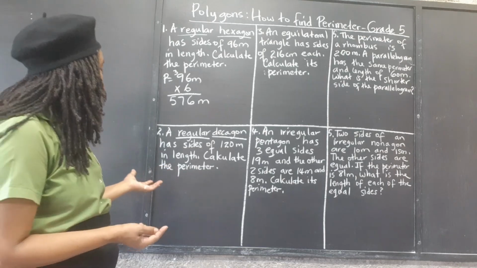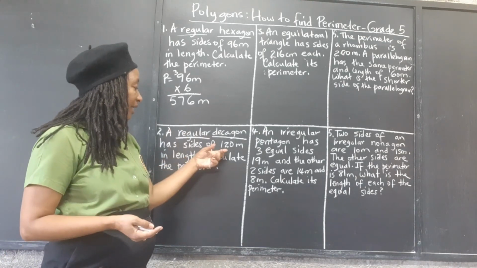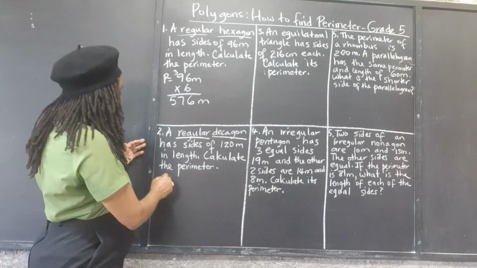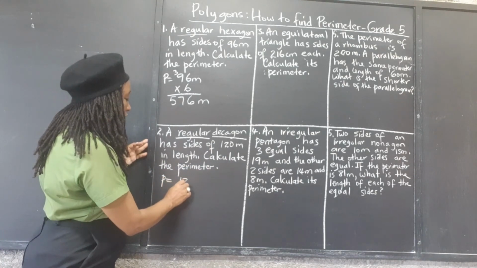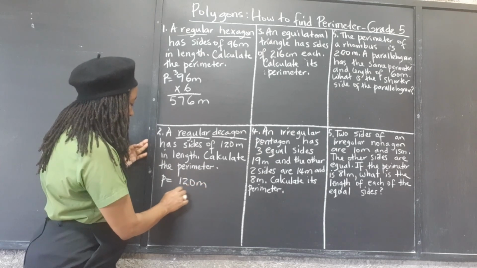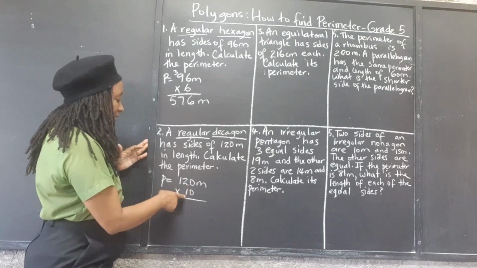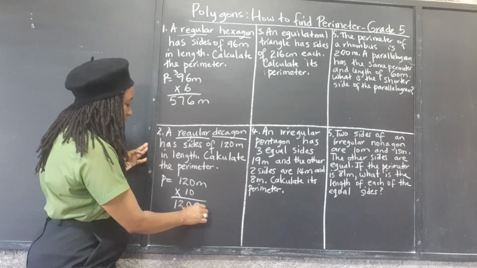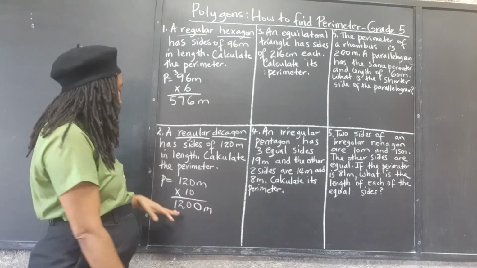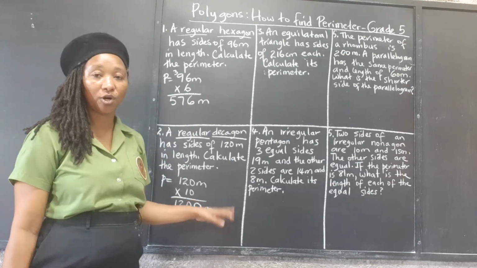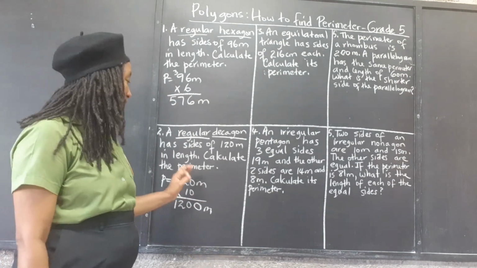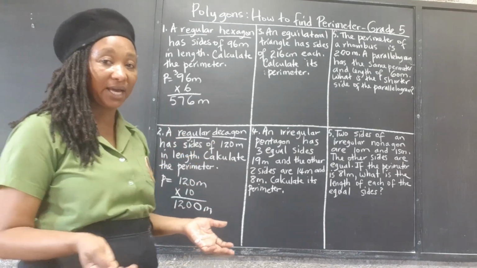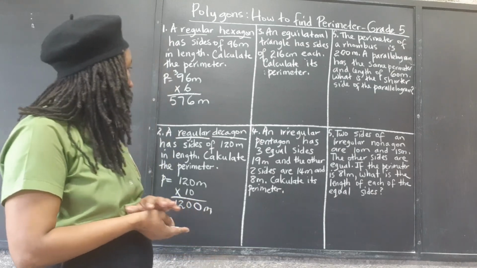Alright, so if we know all sides are equal, and we know each side is 120 meters, and there are 10 sides, the perimeter then would be 120 meters times 10. And we know that when we're multiplying by 10, we simply need to add a 0 to our original number. So the perimeter is 1,200 meters. The perimeter of this regular decagon, this regular 10-sided figure, all sides equal, 1,200 meters.